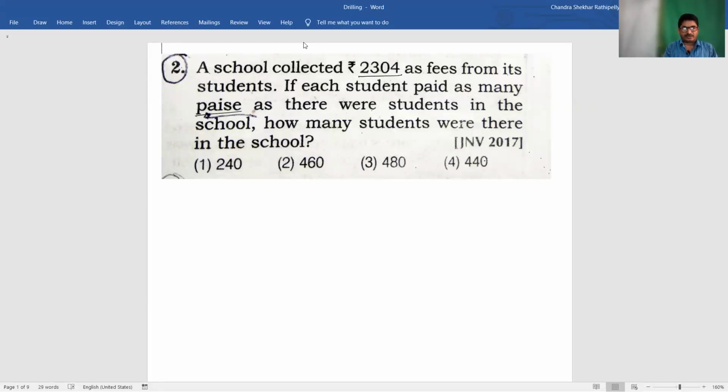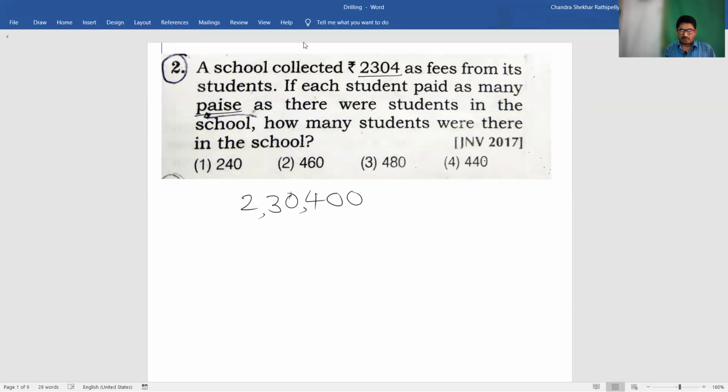Here it asks for pies. So 2,304 rupees to convert into pies, here we have to write 2 zeros. So then it will become 2,30,400. For this we have to find the square root.